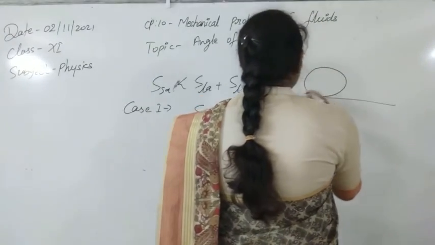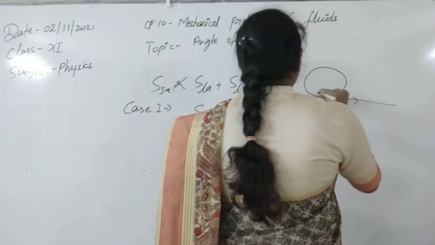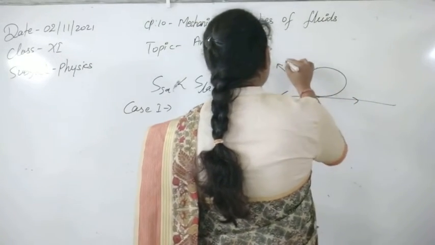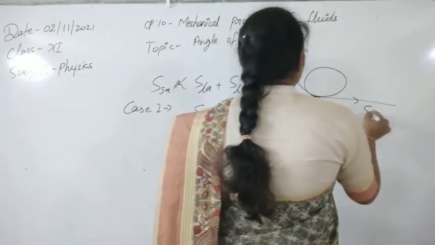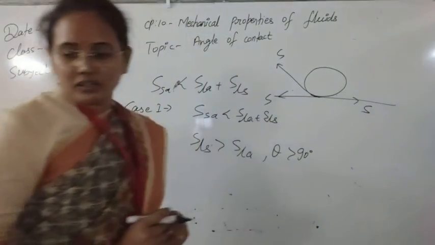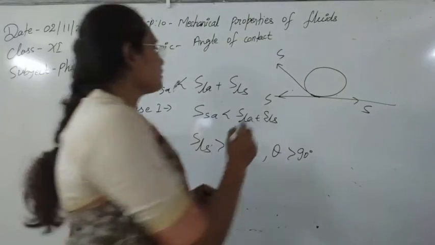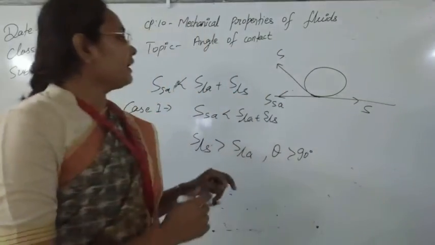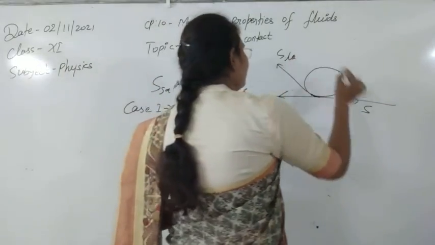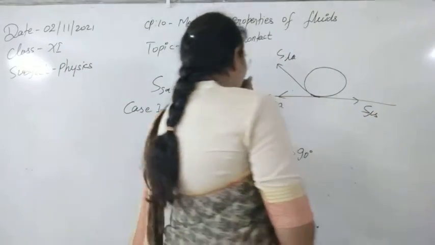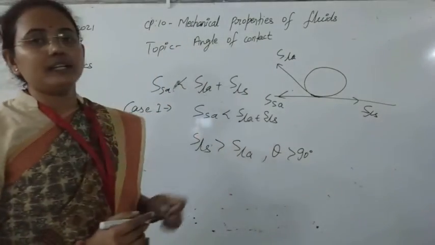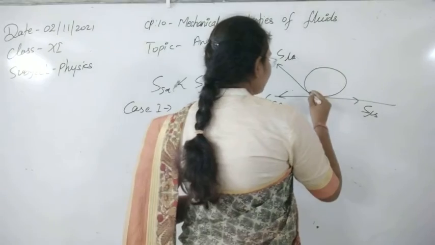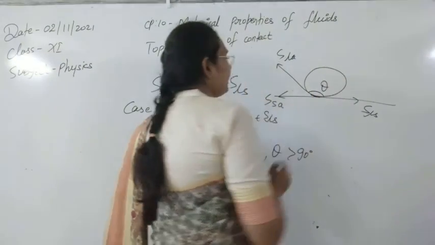So we have three types of interfaces, and for these three interfaces we have seen three types of surface tension. These are the directions of the surface tensions: this is the solid-air interface, this is the liquid-air interface, and this is the solid-liquid interface. The angle between the solid-air interface and the liquid-air interface and liquid-solid interface is known as the angle of contact.